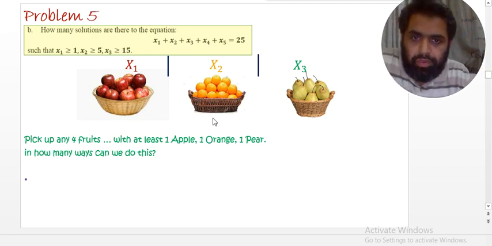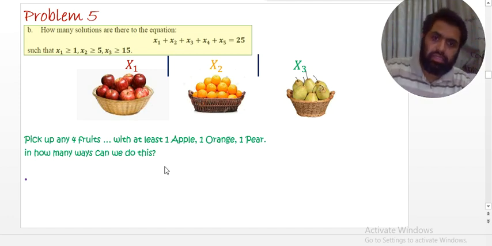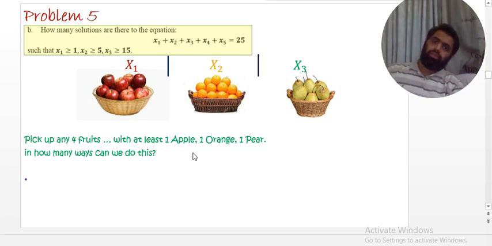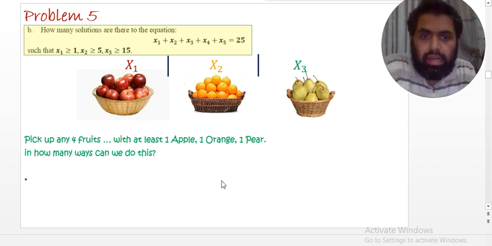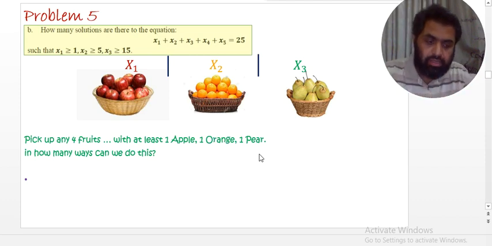So we have to pick 4 fruits from apples, oranges, and pears, with the restriction that at least 1 apple should be there, at least 1 orange, and at least 1 pear. So we have got 3 fruits, 1 apple, 1 orange, and 1 pear, and our choice is left with only 1 fruit.